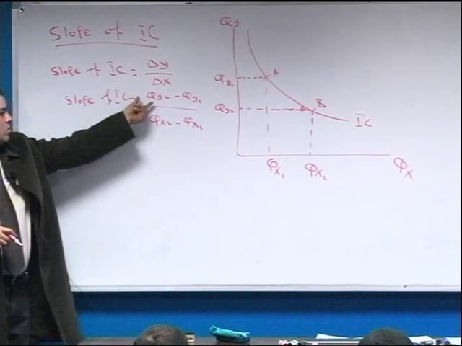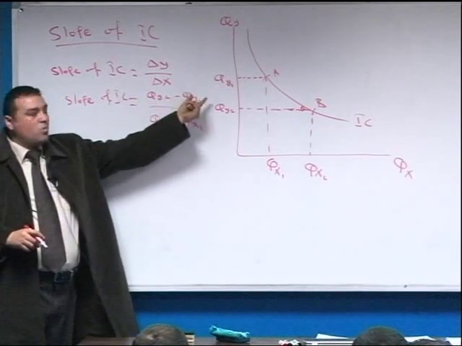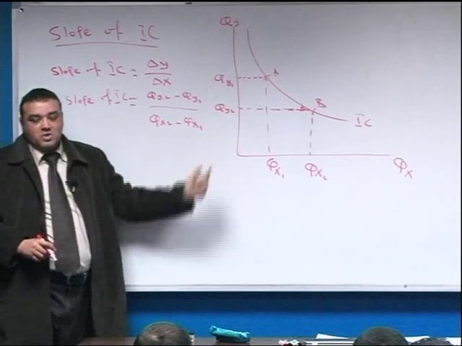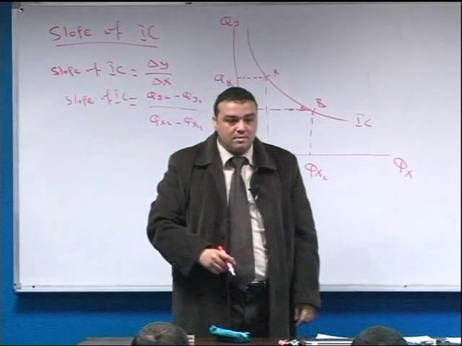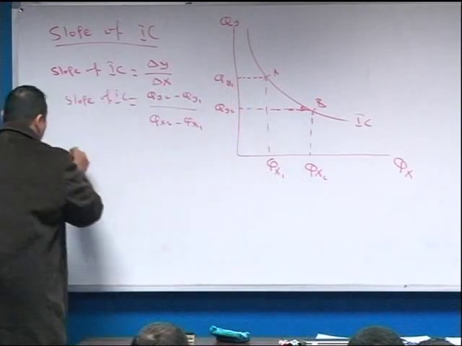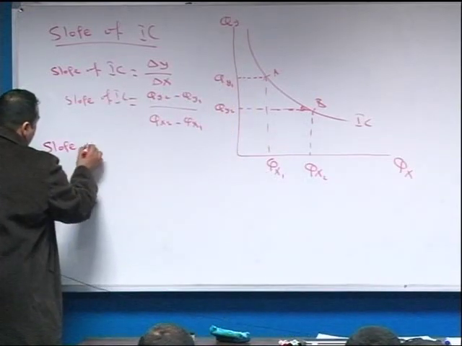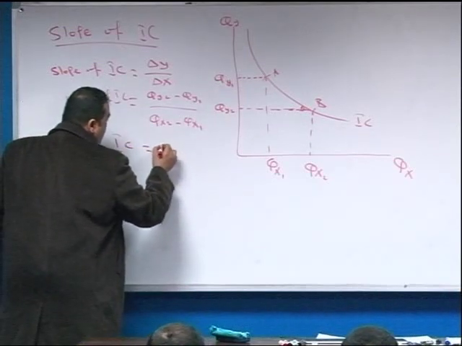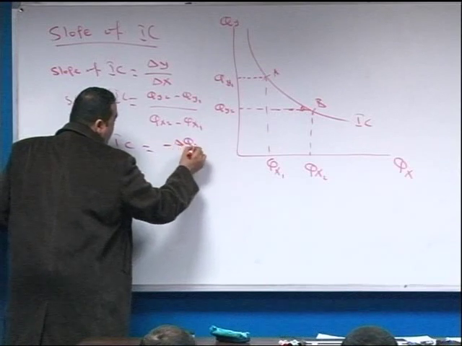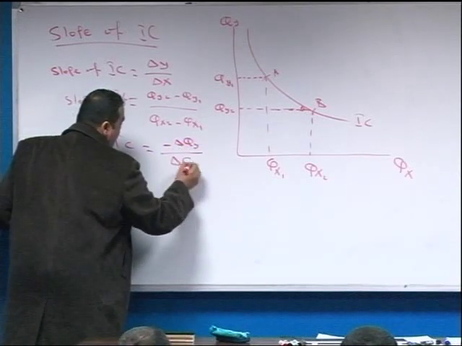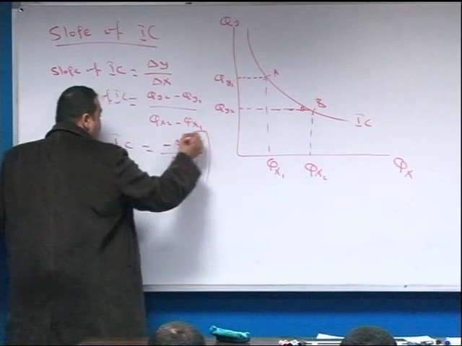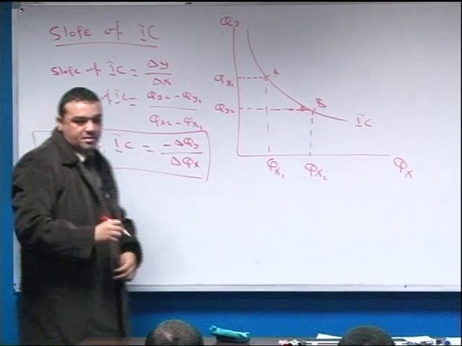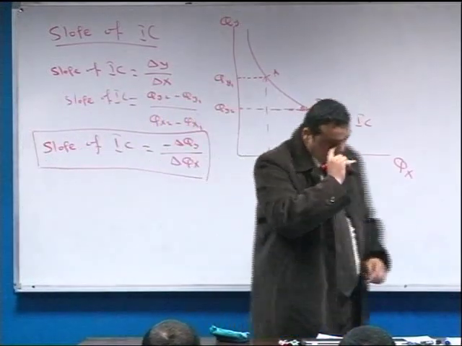QY2 is smaller than QY1 and QX2 is larger than QX1, so it would be negative, right? So the slope of IC is negative, or minus delta QY over delta QX. The result comes out negative. It's always negative, right? Okay.